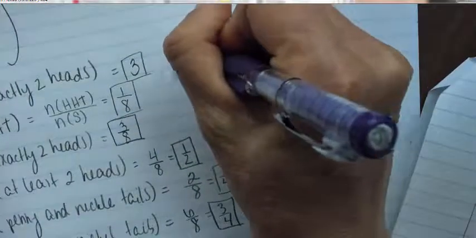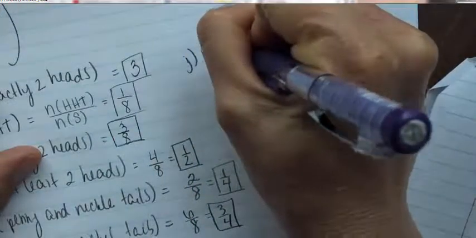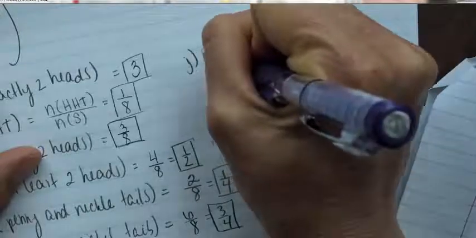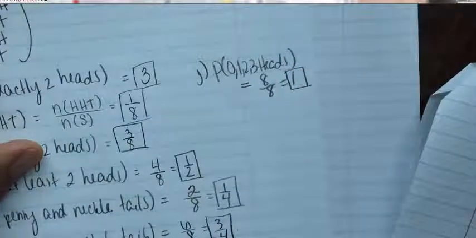So that's 8 out of 8, or in other words, 1. And really, that's 100%. So if it equals 1, that's 100%.